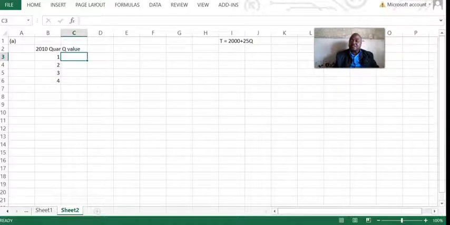Since in 2009 the fourth quarter has been covered, obviously the Q value is going to start at number 5. So our first quarter in 2010 is going to be quarter number 5.